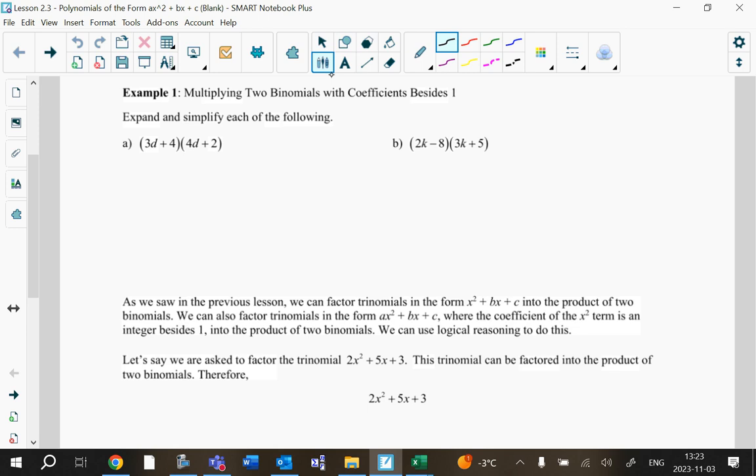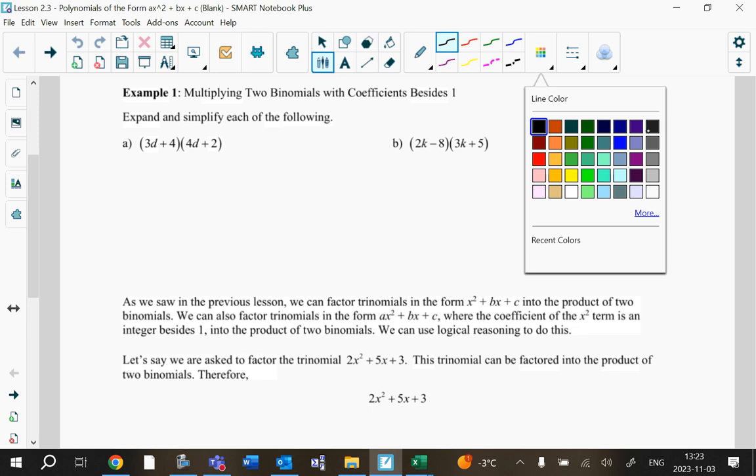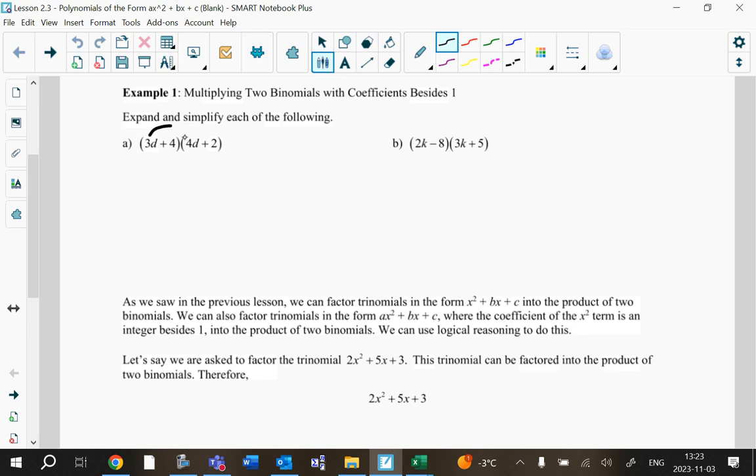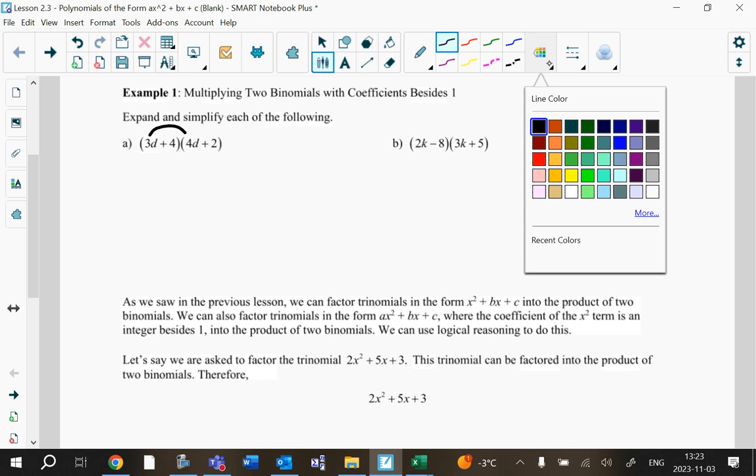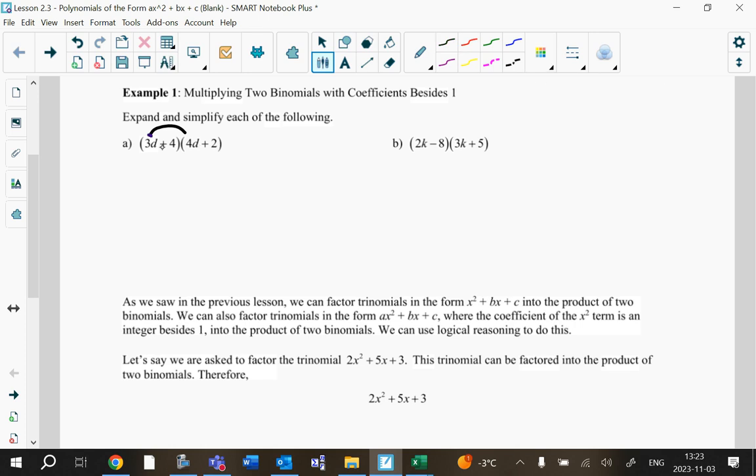How many multiplications here? 4. Somebody want to walk me through this? 12d squared. And 60 plus 18. Wait, no. What's 4 times 4? 8.